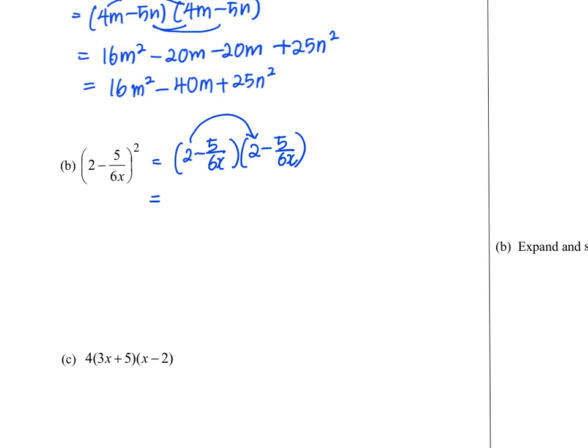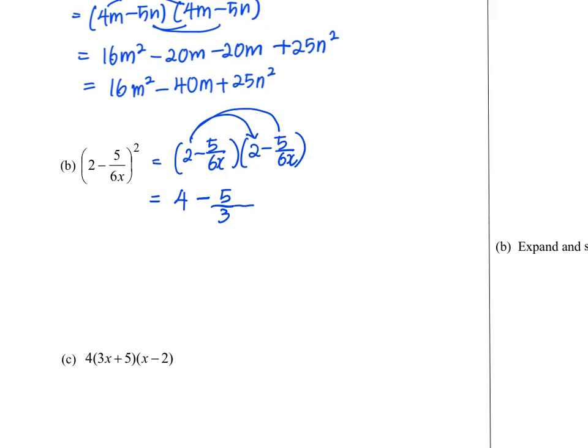2 times 2 gives me 4. Then 2 times negative 5 over 6, so that will be negative. I'll take 2 times negative 5 over 6. Give me improper fraction, please. 5 over 3 according to my calculator.